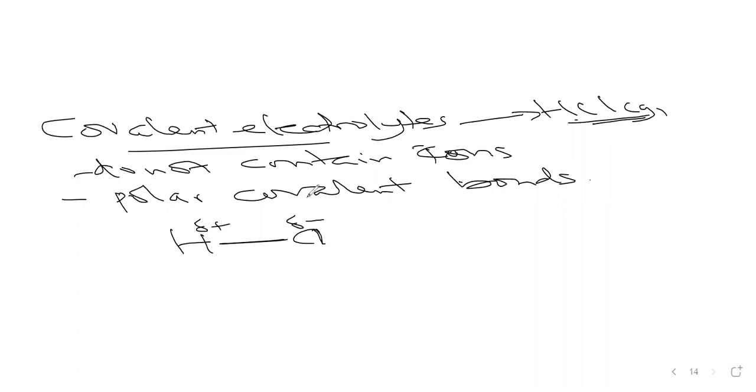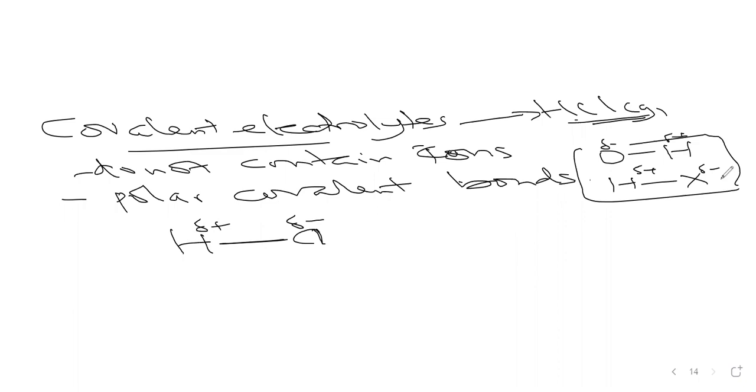So usually such electrolytes contain O-H bonds, or H-halogen bonds. Most of the covalent electrolytes have that nature in them. So they usually react with water to form hydrated ions.